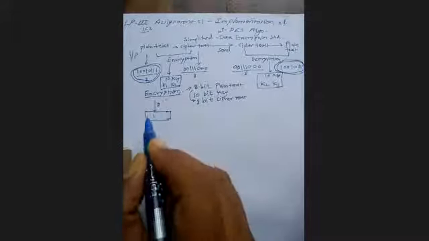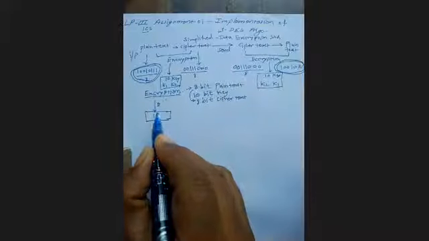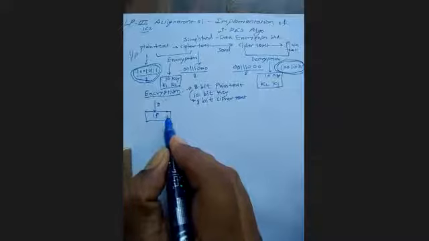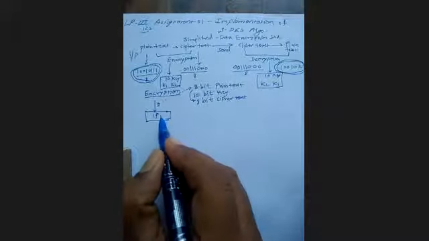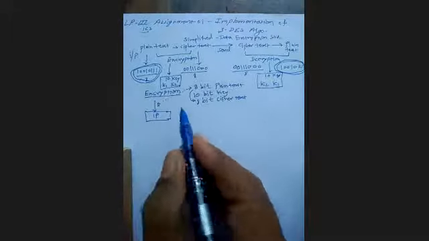Sorry for the disturbance. So here you have to take IP. What does IP stand for? Initial permutation. But how do you perform initial permutation? By using a fixed key.